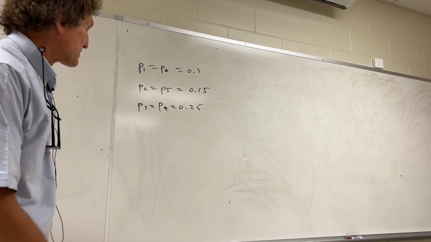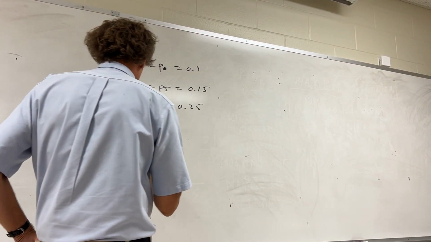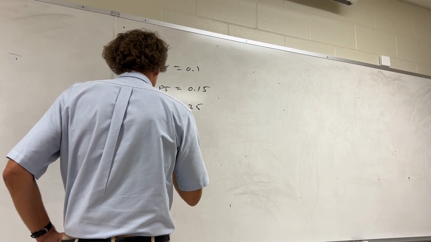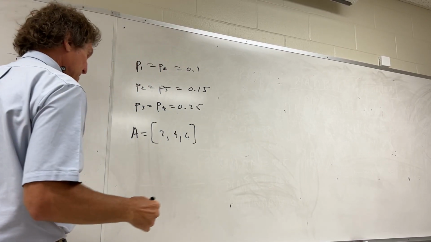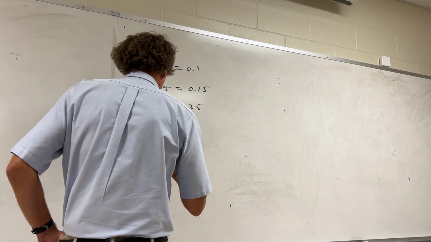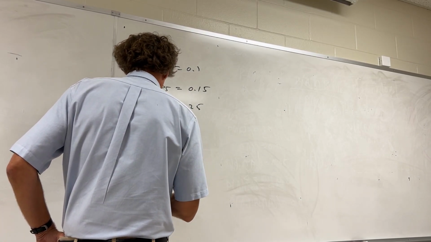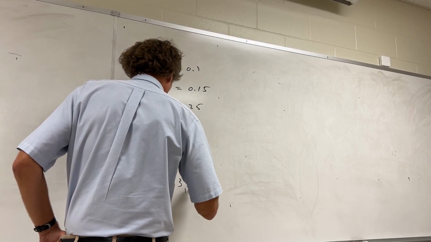Define events A, B, C by A equals {2, 4, 6}, so the customer selects pump 2, 4, or 6. B equals {1, 2, 3}, and C equals {2, 3, 4, 5}.